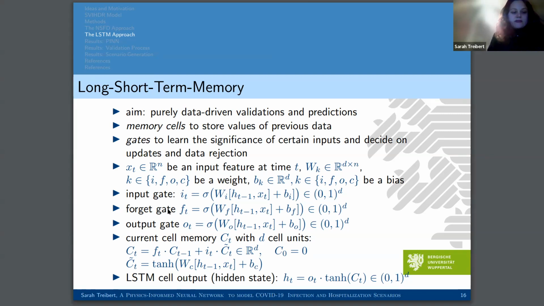Technically, the number of people in the infected or hospitalized compartment in the following 18 weeks was predicted based on the numbers of the first 69 weeks that were used to train the model in the validation part.